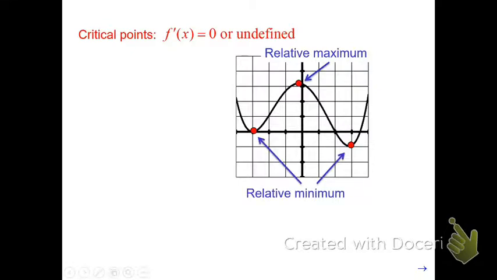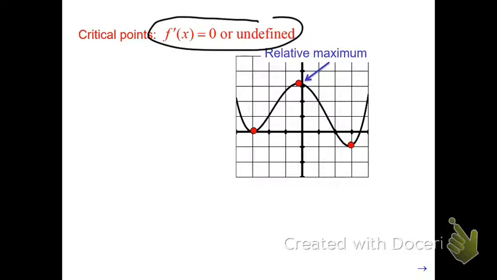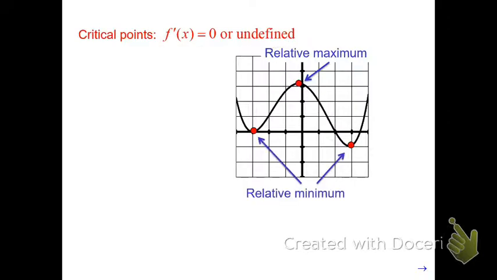And next, what happens to the slope at a maximum? The slope goes from positive to negative. So the derivative changes from positive to negative. Minimums. You can see that those look like they're minimums, local minimums, relative minimums. But what would be the definition?